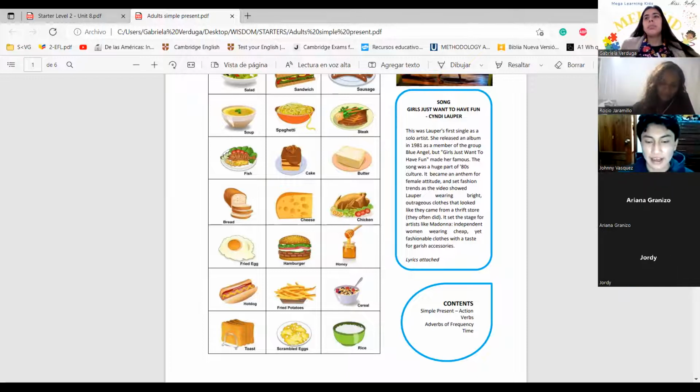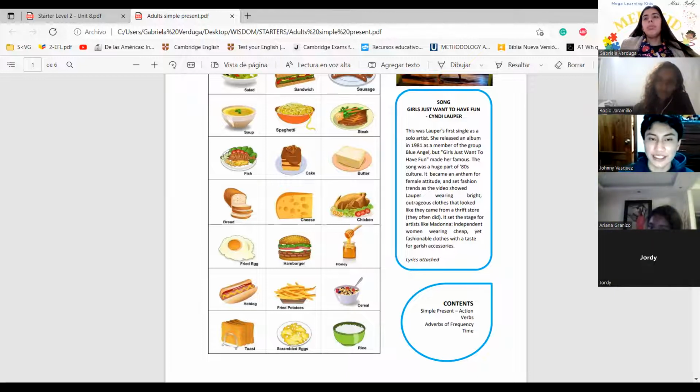And I eat coffee with tostada. With toast. Toast. Coffee with toast. Yes. Actually, you have to say, I have, for example, I have scrambled eggs and toast for breakfast. Okay. We can say I eat, but it's more common to say I have.